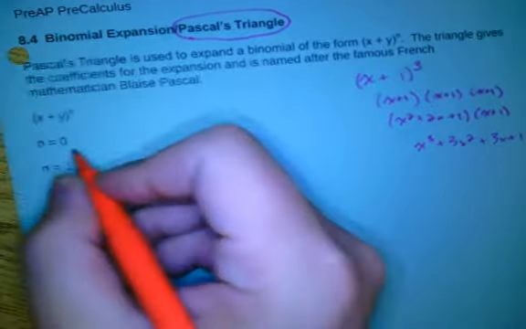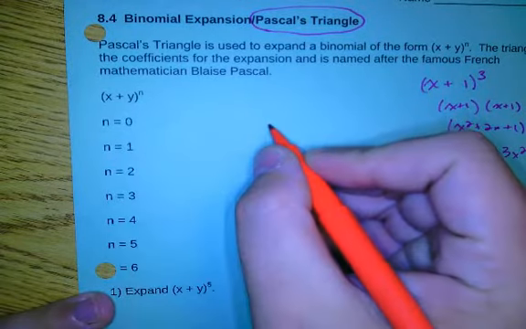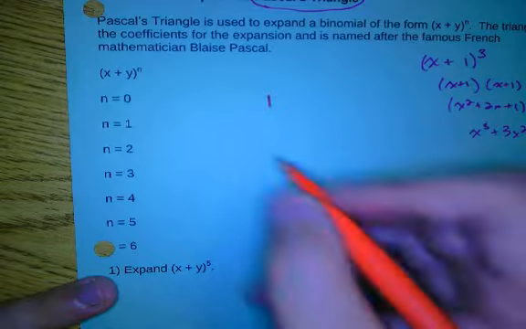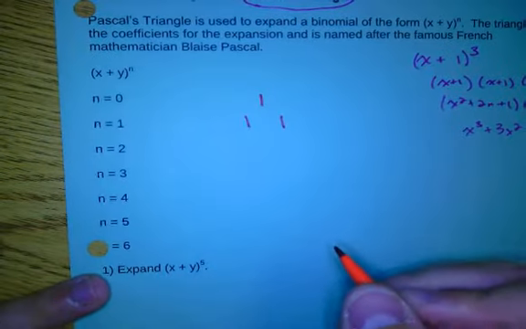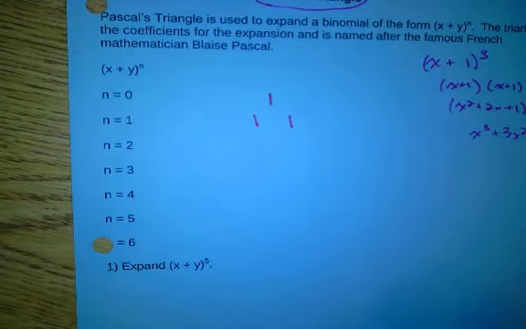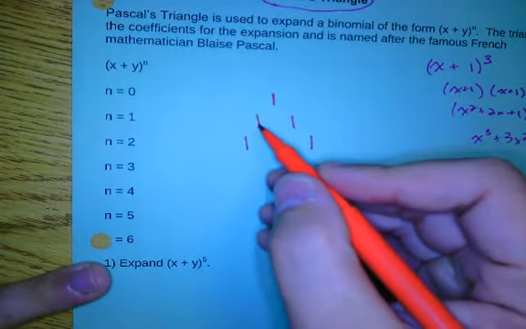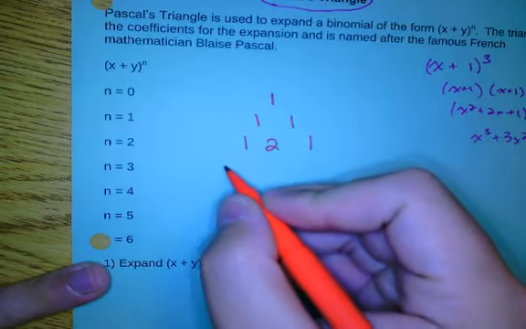I'm going to do the same thing. So I'm going to start with 1. There's a reason I put it way out there. And then it goes 1, 1. That's not even memorized. After that, it's just all math. The outsides are always 1, and you just add the two numbers in between. So it's 1 plus 1? 2.